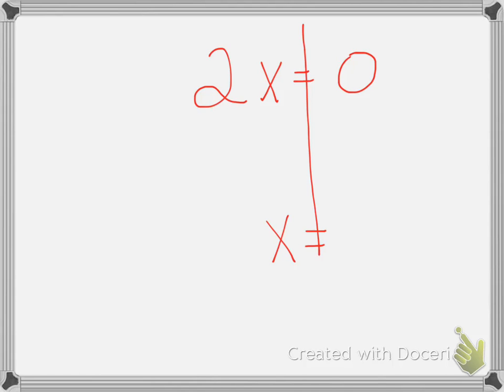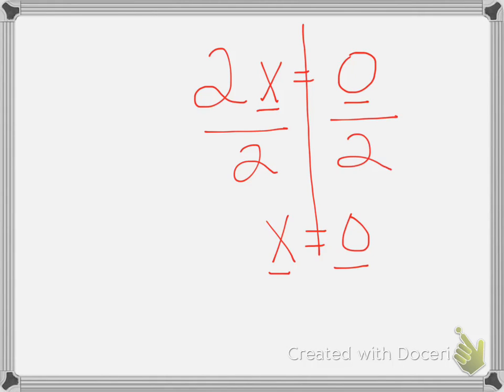To figure out that x is already equal to 0, which you already know because 2 times something would have to be 0. This has to be 0 for this to be true. But what would the process be? Divide both sides by whatever's touching x. It's the same process. In this case, 0 divided by 2 is 0. So there's the process that backs it up, but we're really going with intuition here a little bit, aren't we?